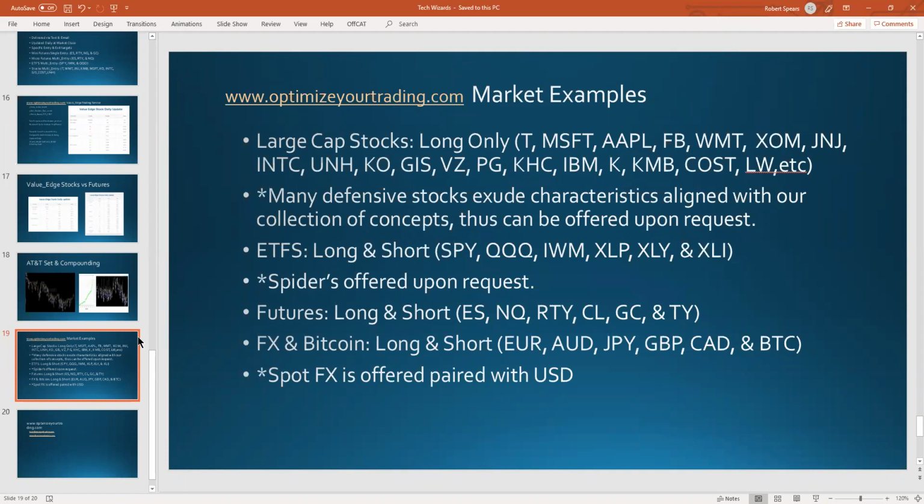A lot of consumer discretionary, consumer staple stocks exude characteristics that are in line with our concepts and work very well. But that being said, we have other concepts that are applied, and again, every systematic structure or signal service, so to speak, is diversified strategically. So it's not simply variations of the same concept.